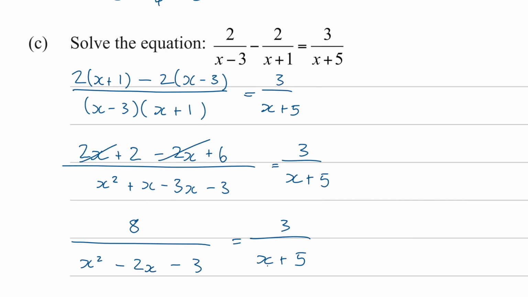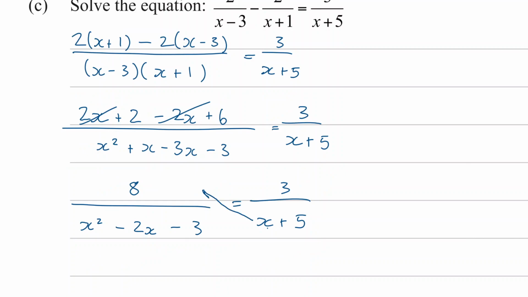We have one fraction on the left and one fraction on the right. So what we can do is a variation of cross-multiplying, but instead of combining fractions, we use it to eliminate the fractions. So that's where we multiply both sides of the equation by both of the denominators.